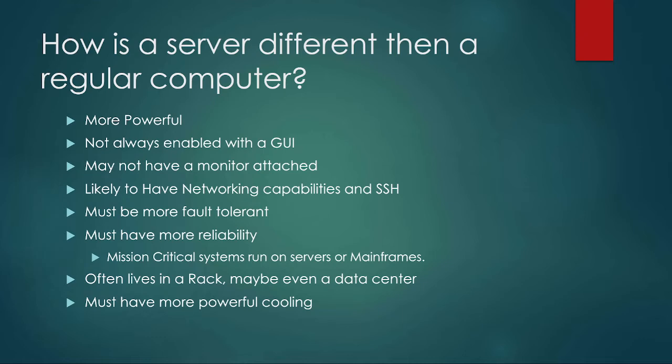So, for example, mission critical systems will run on servers or mainframes. Mission critical means systems that can't go down. Some good examples of this. Let's say we work for a credit card company. If you have a set of servers that processes credit card transactions, it's not okay if that server goes down for even 5 minutes because that 5 minutes could actually lose you thousands or hundreds of thousands or millions of dollars.